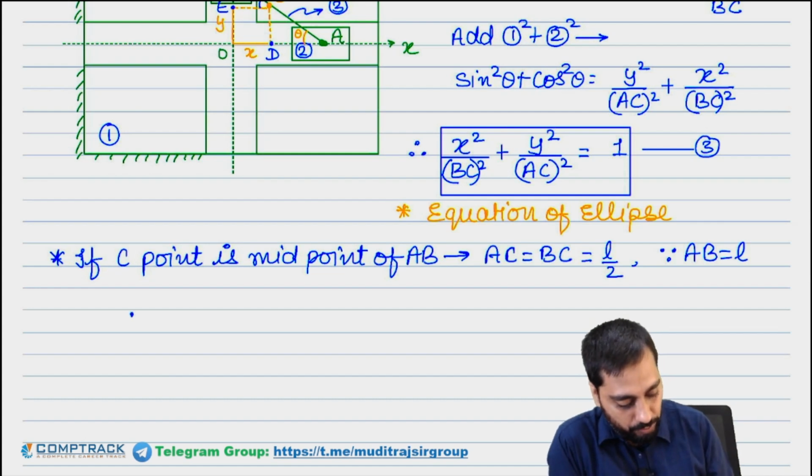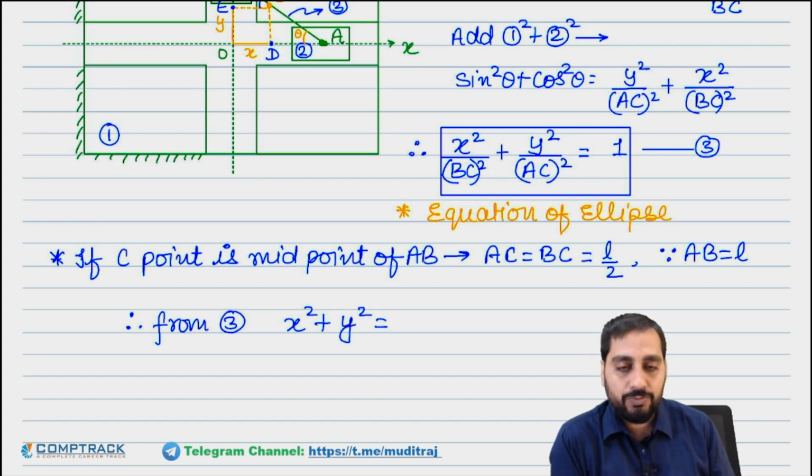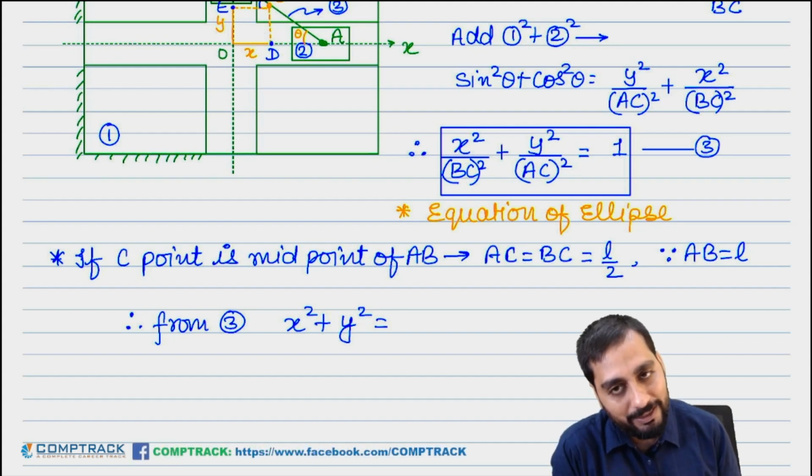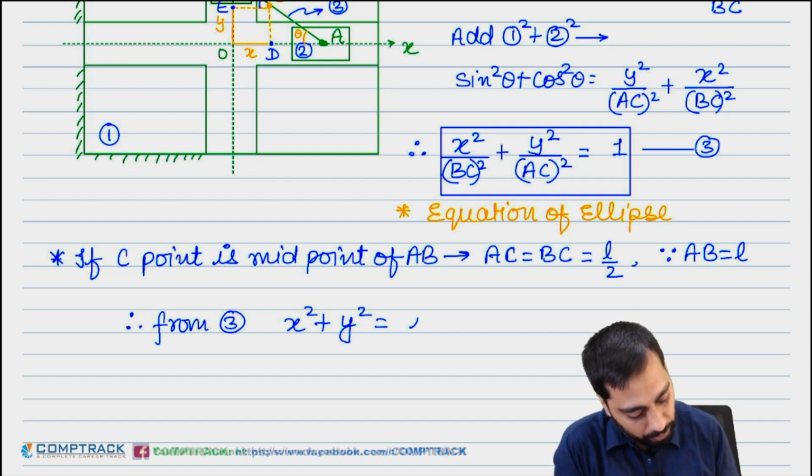Yes or no? So from equation 3, what will be the value? X square plus y square equals AC square, BC square, both will be equal and they can be taken as L by 2. So it will be (L by 2) whole square.